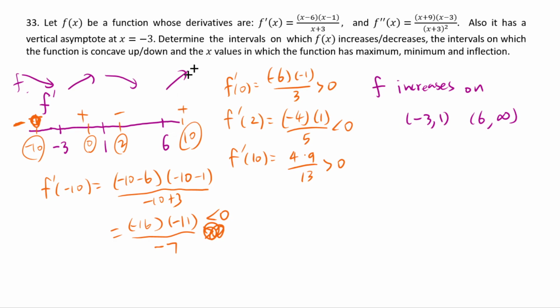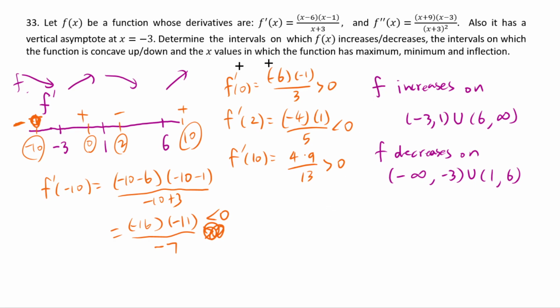Because after 6 it's increasing. And if you have more than one interval, you should put unions. F decreases on, let's see, negative infinity until negative 3, and then also between 1 through 6, so that's a union. So that part is done.